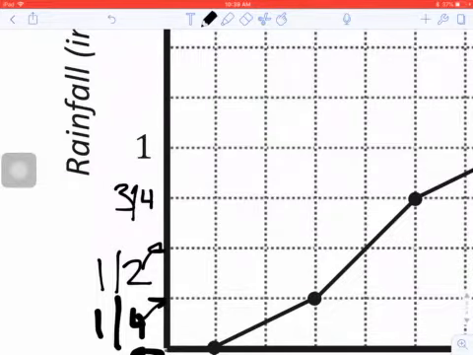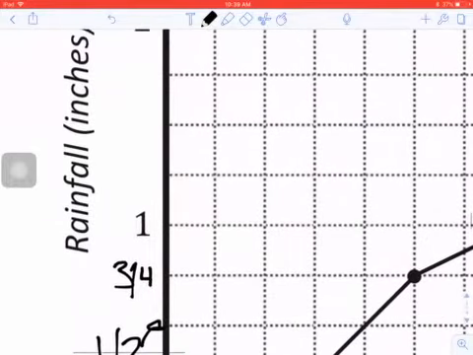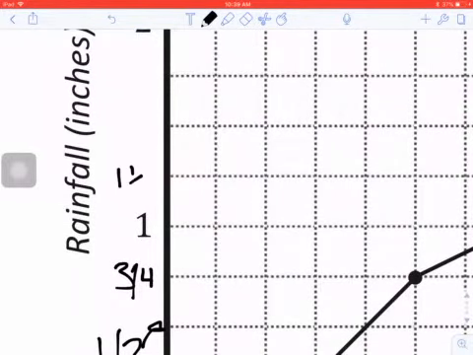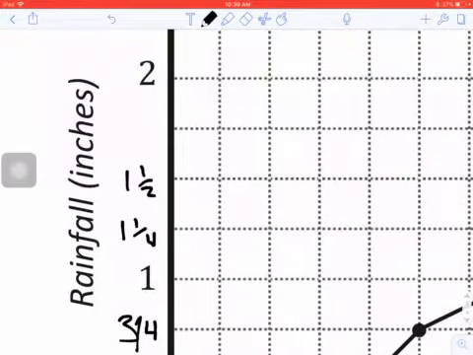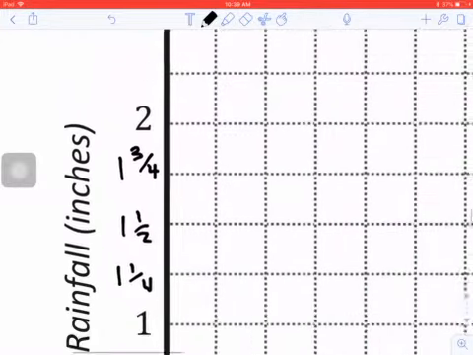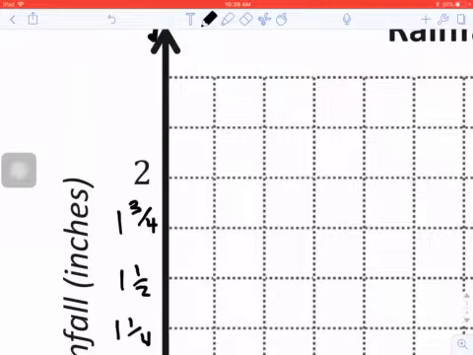3/4. I was labeling the spaces: 1 and 1/4, 1 and 1/2, 1 and 3/4, 2, 2 and 1/4, and then 2 and 1/2.